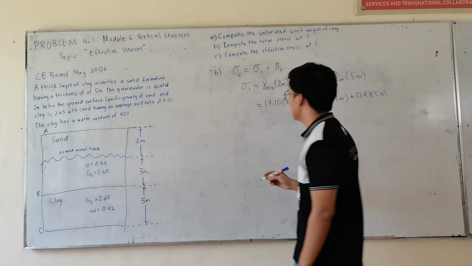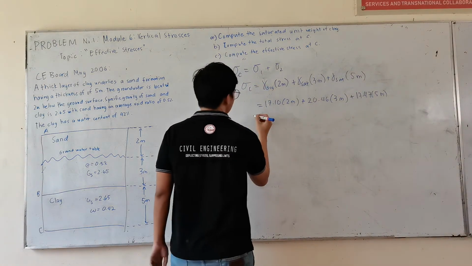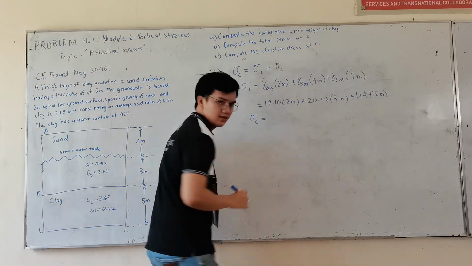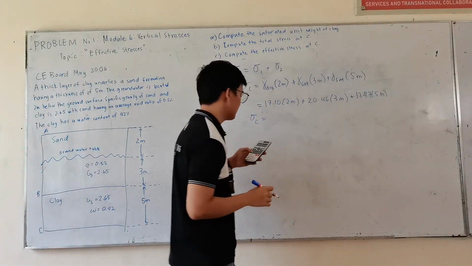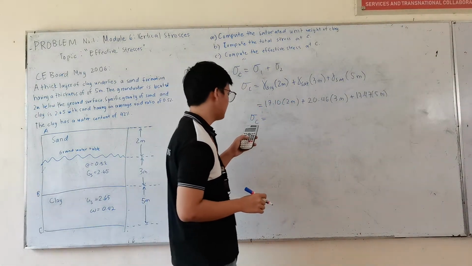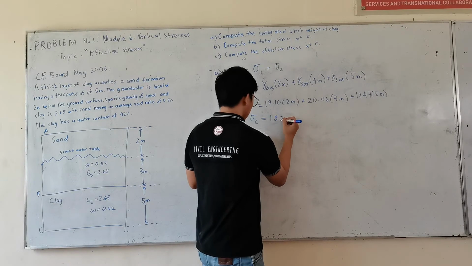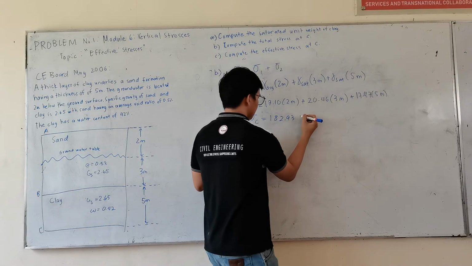So, makukuha po natin ang total stress sa point C. Ang total stress po natin sa C is 182.93 kPa.